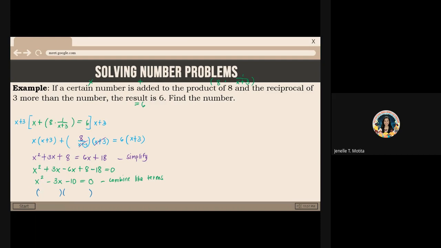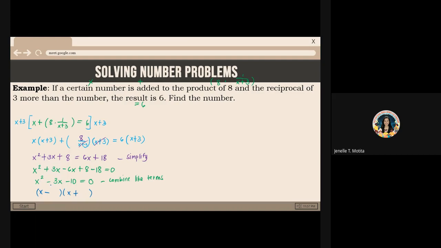So we could have x here. Ayan, as you can see, we got here yung third term natin, negative. Therefore, the signs are negative and positive. So what two numbers, when you multiply, you will have negative 10, and when you add, you will have negative 3?